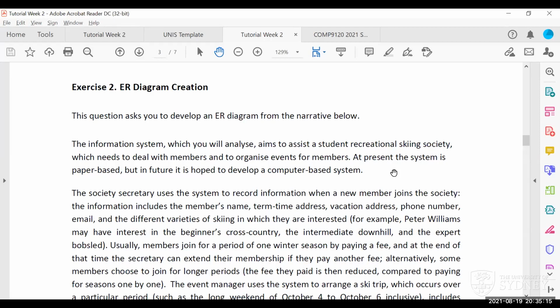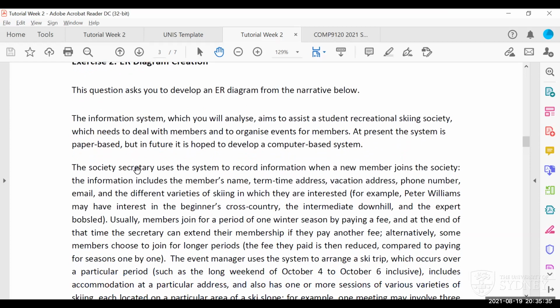We are still given a story or a scenario, and based on this story, we will need to create an ER diagram. So we need to come up with an ER model based on the story that is given to us.